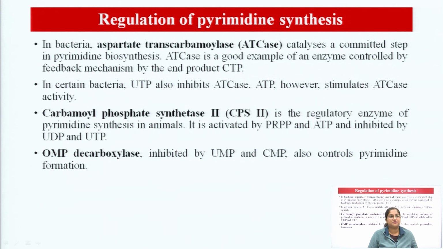these two enzymes regulate our pyrimidine biosynthesis. So, CPS2 is the regulatory enzyme of pyrimidine synthesis in animals. It is activated by PRPP and ATP and inhibited by UDP and UTP, whereas OMP decarboxylase is inhibited by UMP and CMP.